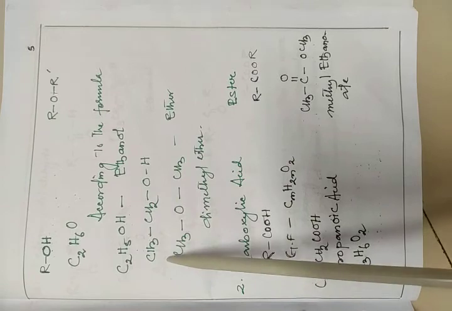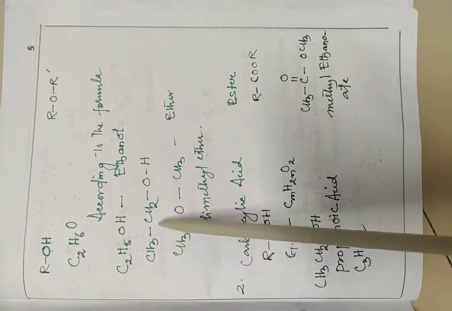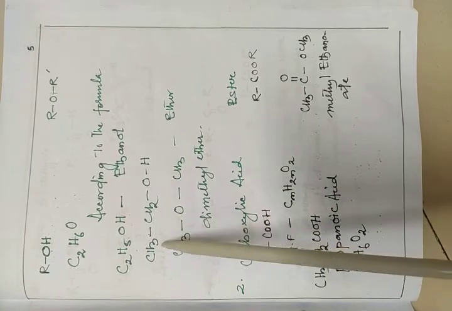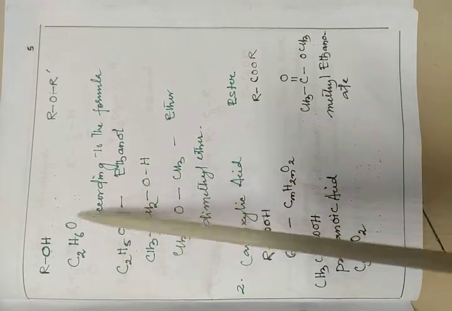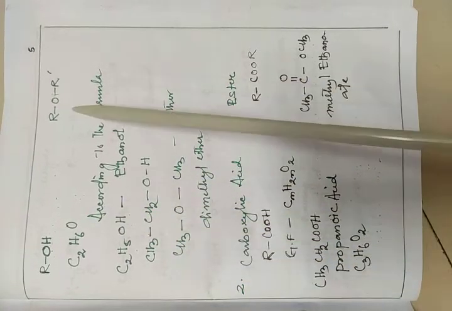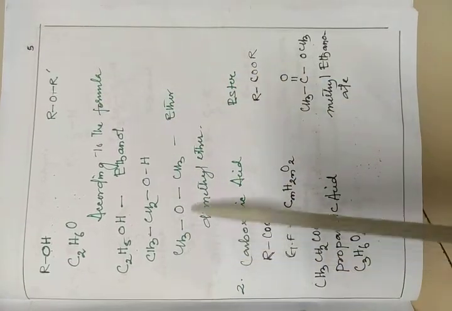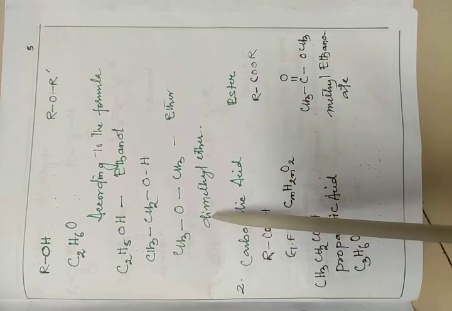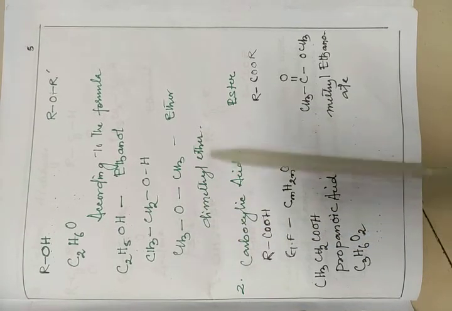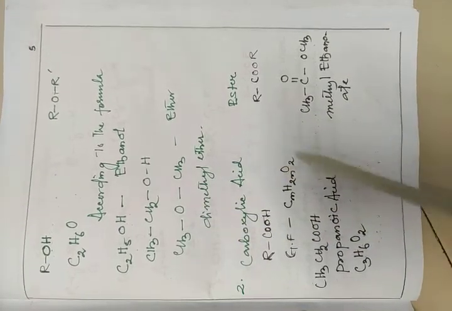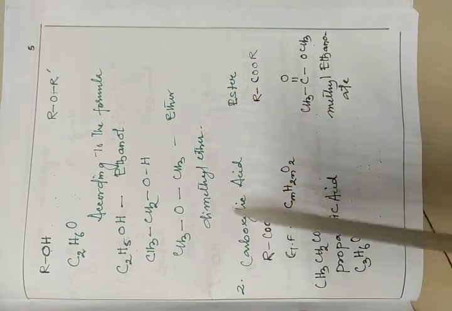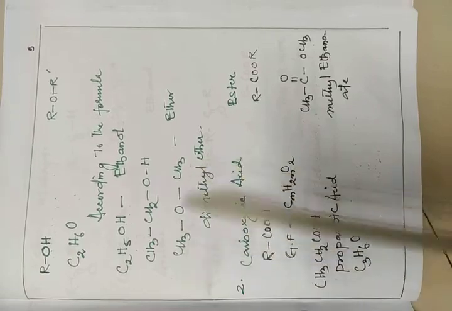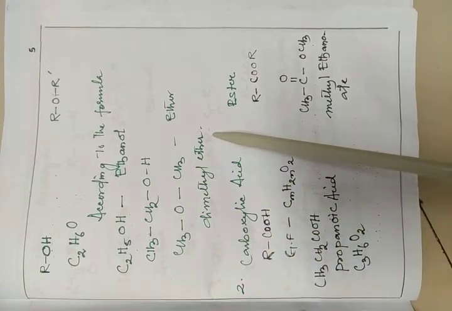Then another one we see is CH3CH2OH, that means 2 carbons, then 5, then 6 hydrogens, then O. Now another one we see is CH3OCH3. So this is the ether, another name is dimethyl ether, sorry, ether, not ester.